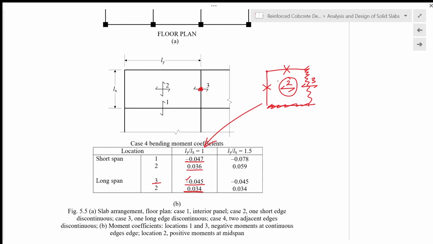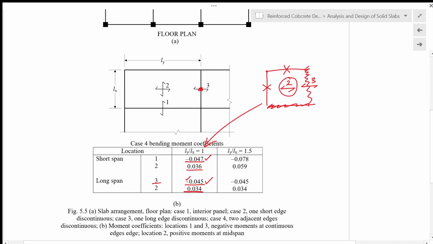In a square slab, by right, this 0.047 should be equal to the coefficient 0.045, but this is just decimal errors in determining the moment coefficients.